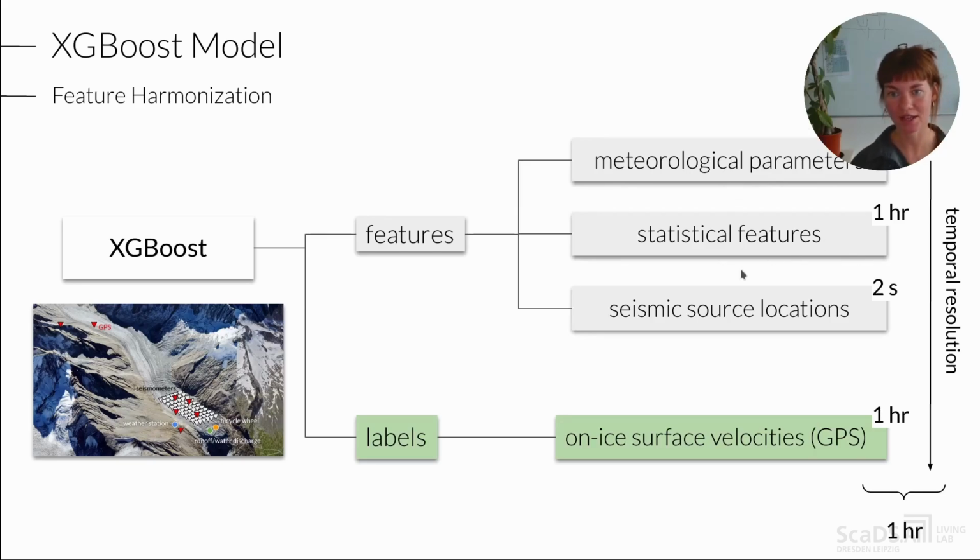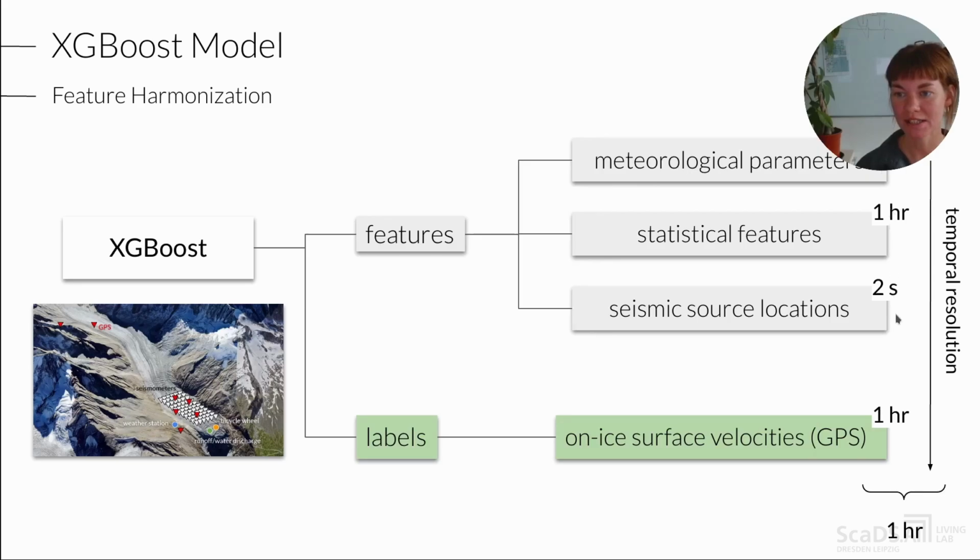Statistical features, as we use our sliding window approach, directly match the on-ice surface velocity because we could guide that by ourselves. So they have a 1 hour timestamp, and the seismic source locations, as we want this to be really highly resolved as processes and dynamics change so quickly in the ice, and we want to capture this, have a resolution of 2 seconds.